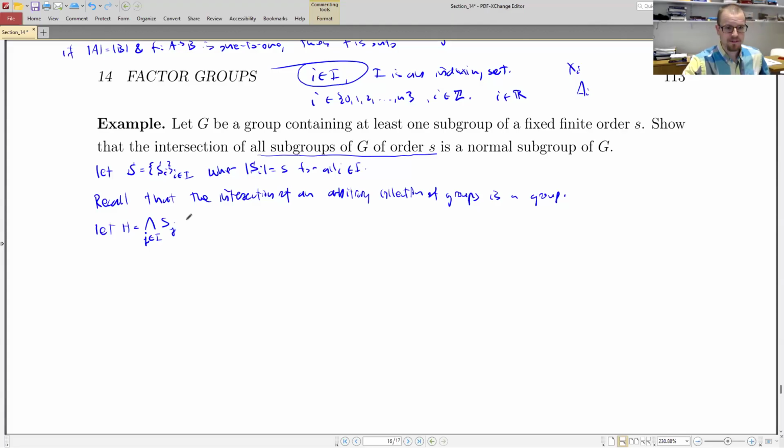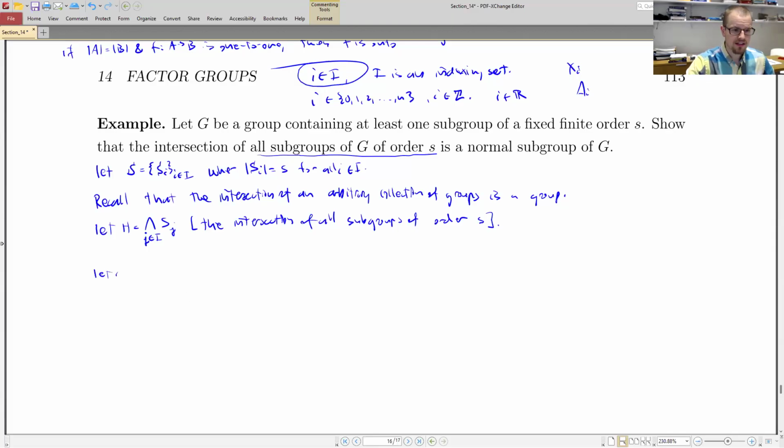All right. Again, that is the intersection of all subgroups of order lowercase s. That's what this thing is. So good so far.